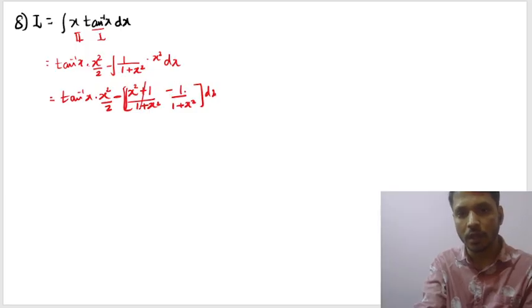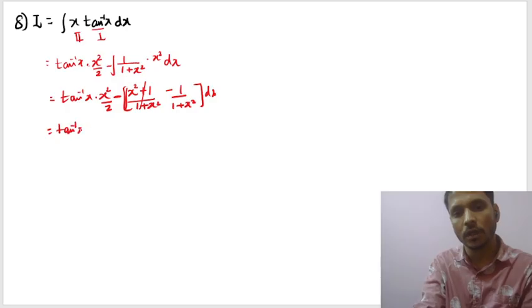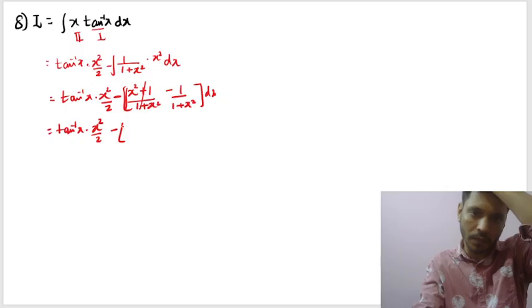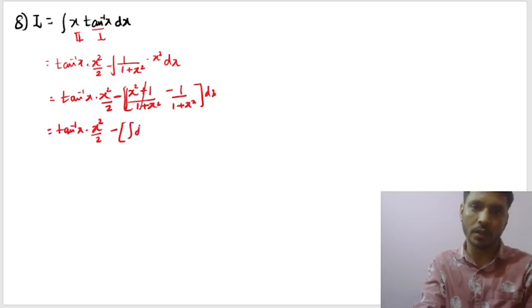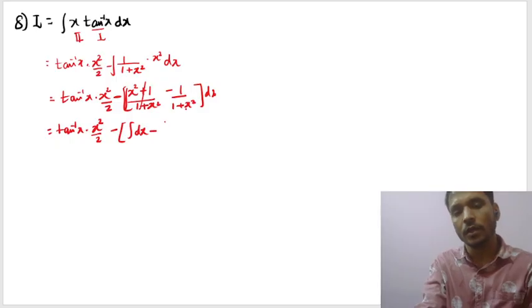This becomes 1 and now we have just minus 1. So now we have tan inverse of x into x square by 2, minus, here inside the bracket, we have integration of dx, minus, and outside integration of 1 upon 1 plus x square, which is tan inverse x.